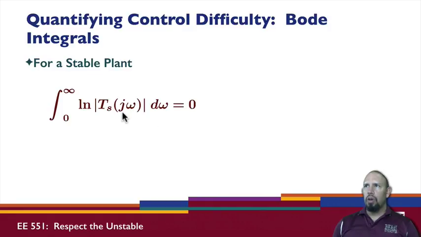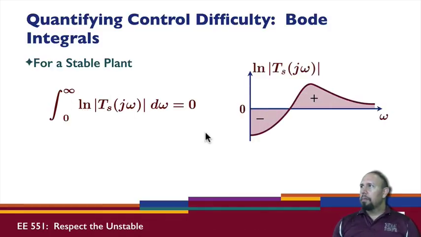That integral is 0. So notice that in order for the integral of a function that's not 0 to be 0, that means I have some parts that are negative and some parts that are positive, and the area under this part must be the same as this.